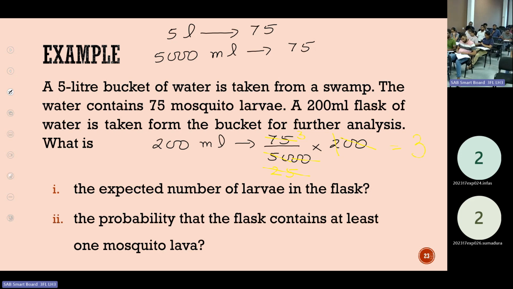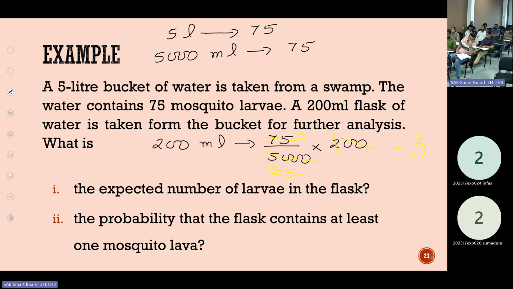The next part they're asking us: what is the probability that the flask contains at least 1? To answer this probability problem, we need to define the X because we haven't defined the X. Probability that the flask contains at least 1, that is what we want to answer.